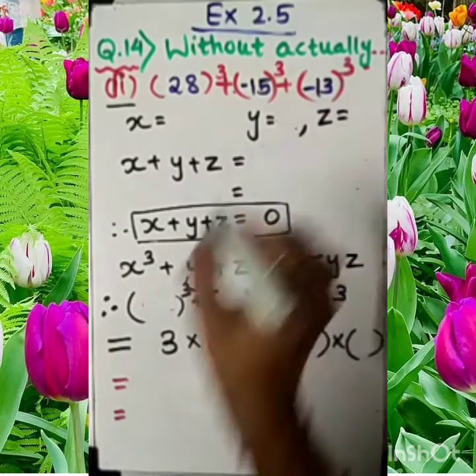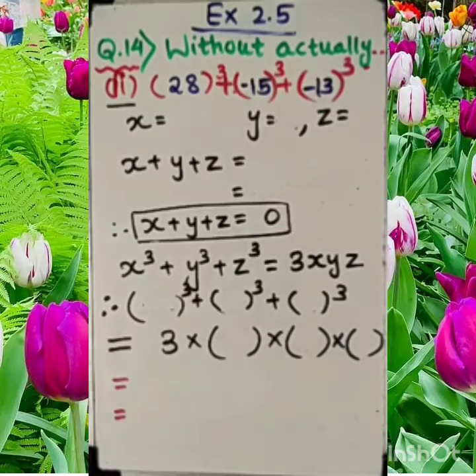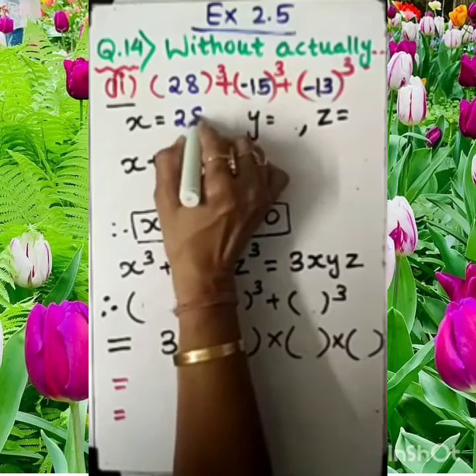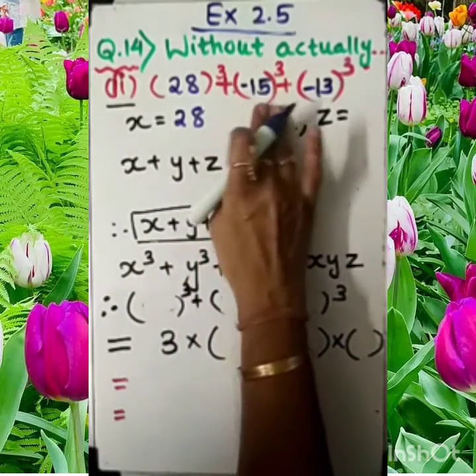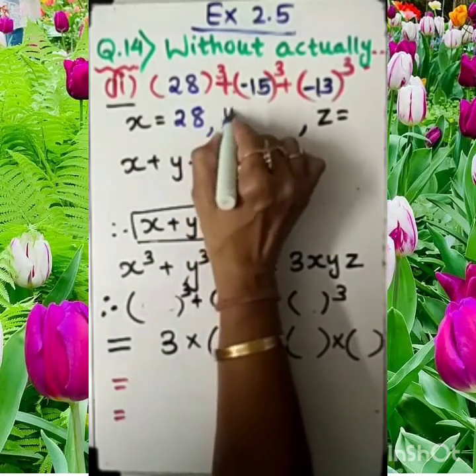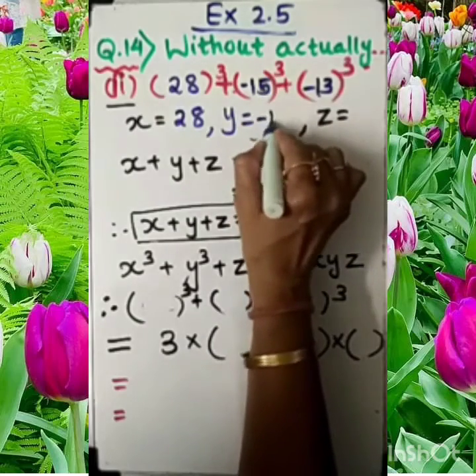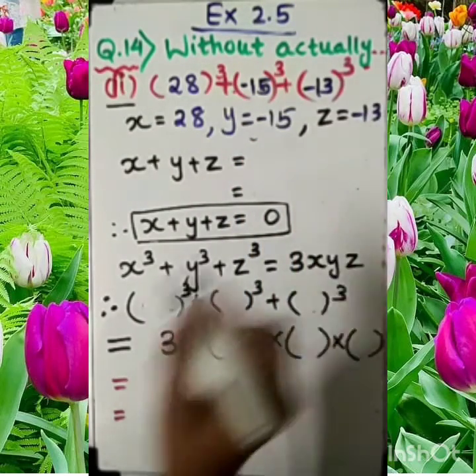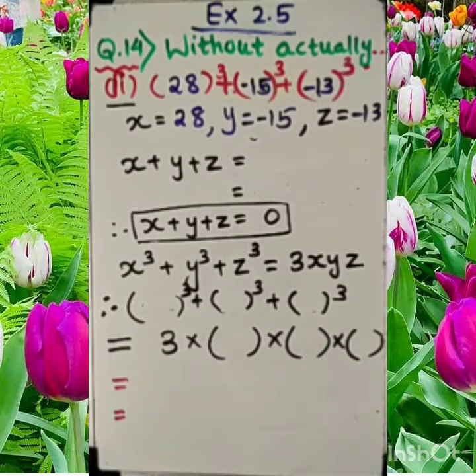Fine. So, my dear student, let's see how to go with that, which is quite easy. We are comparing x, that is 28. What is y? I am mentioning y is minus 15, and z is minus 13. This is the value of x, y, z I separated.